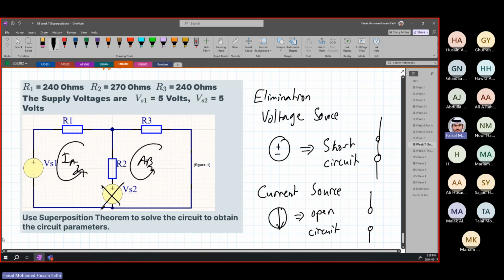The idea is to know how to eliminate the source and apply it. You can use current divider, or nodal if you want, which I don't recommend. The fastest way is honestly using current divider and reducing the circuit, which is very easy. I avoid the current divider rule because it requires memorizing an equation, and I don't like memorizing equations, since if you memorize them wrong you get confused. In my opinion, understanding is much more important than memorization.